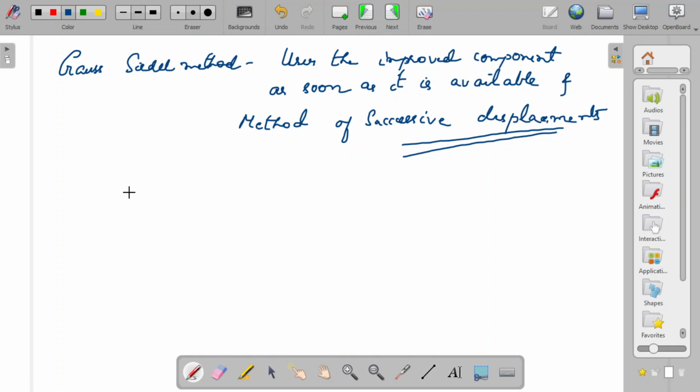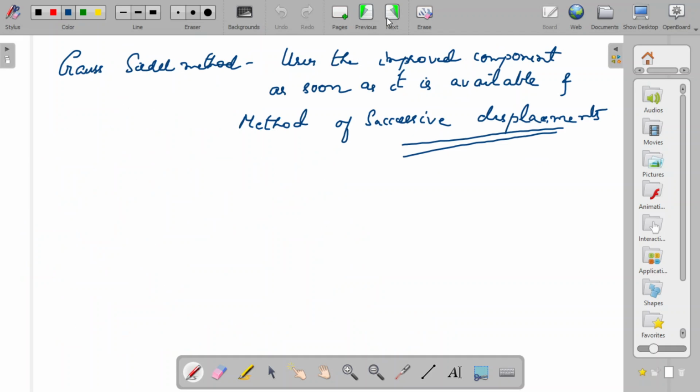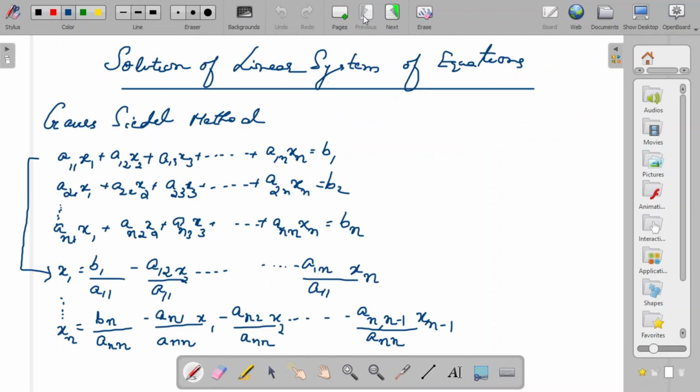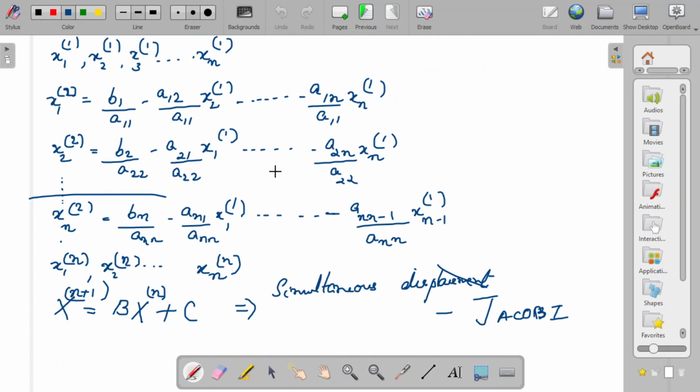The sum of the absolute values of the coefficients should be equal to 1, or in at least one equation the sum of the coefficients should be less than 1. That is, in this one, all these are the coefficients, b11 divided by a11, b22 divided by a22.